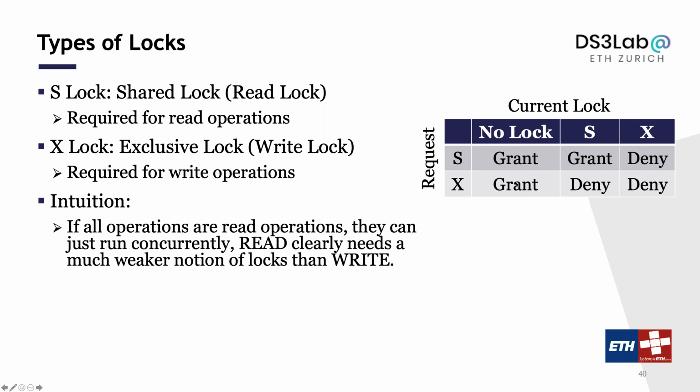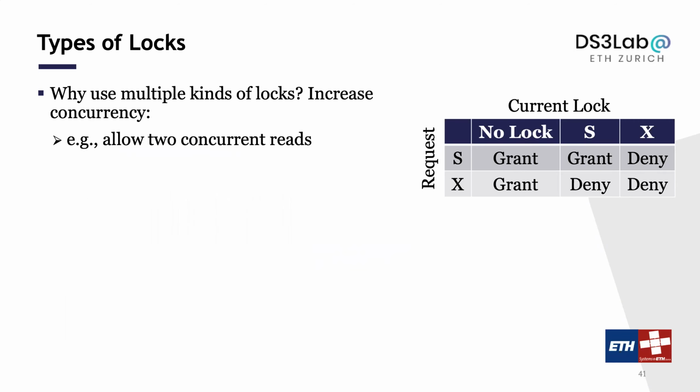In a database, we actually have different types of locks, and we are going to look at them more on Friday. But why do we need multiple types of locks? It helps us increase concurrency, because it allows concurrent reads. If you think about the operating system, we always make that comparison.